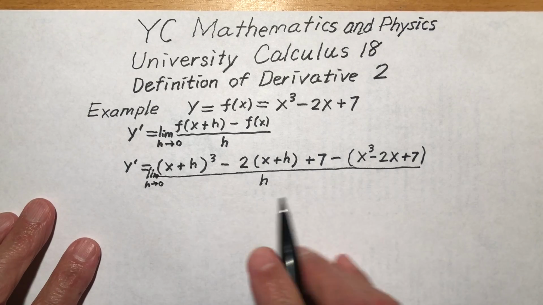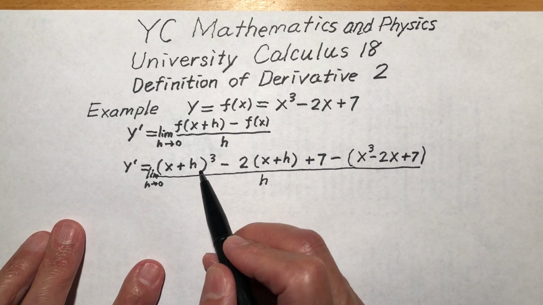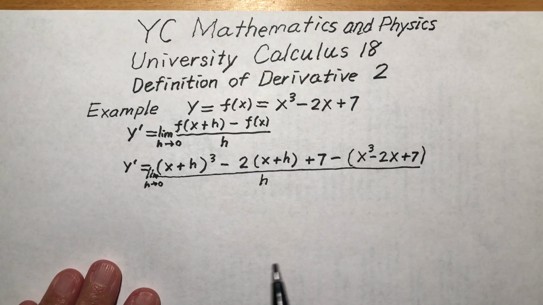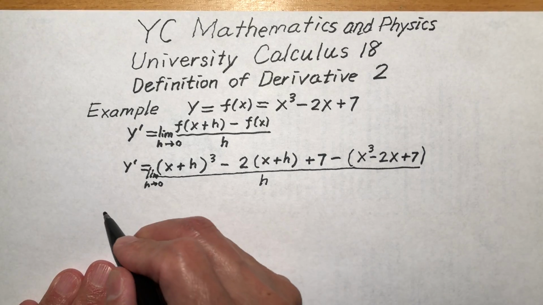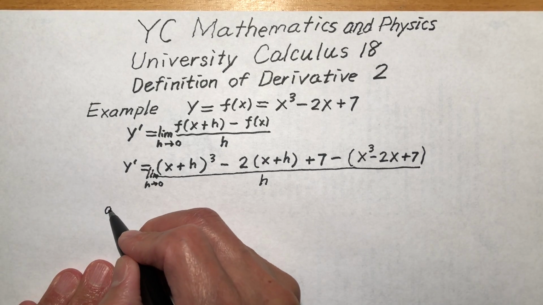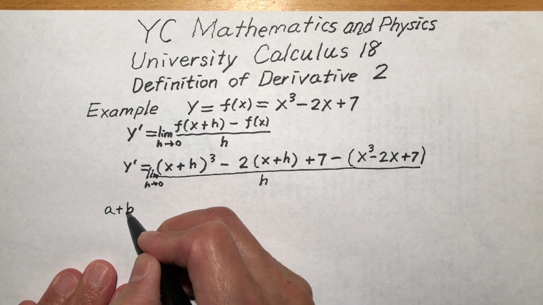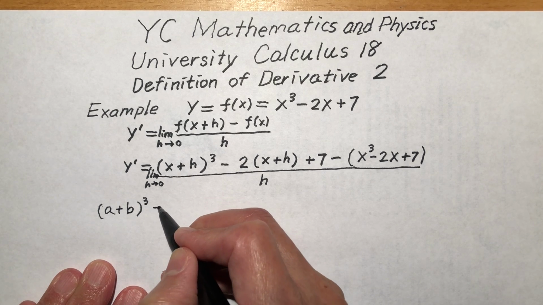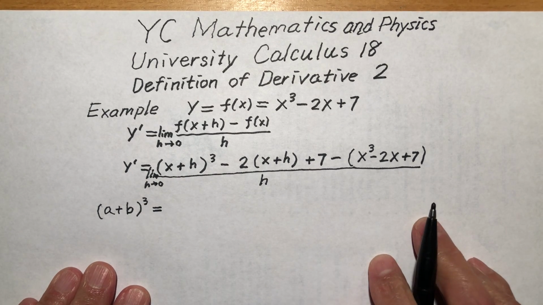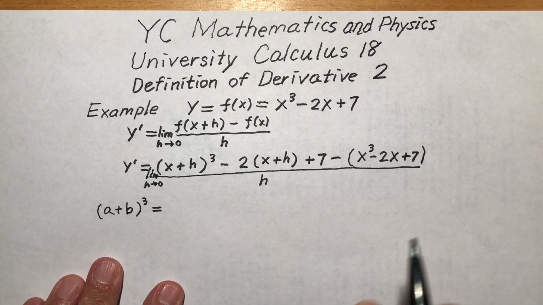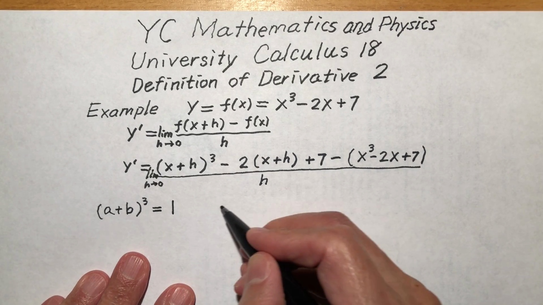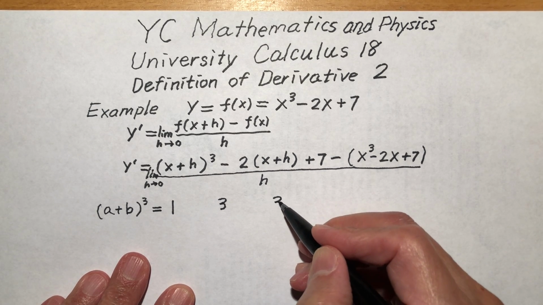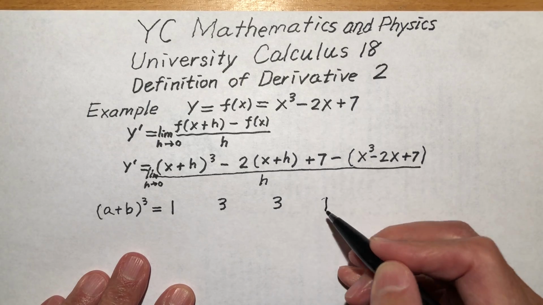Now, I must expand x plus h cubed. How do I expand that? We need a formula. The formula is this: a plus b cubed. What is a plus b cubed? We write this: 1, 3, 3, 1.